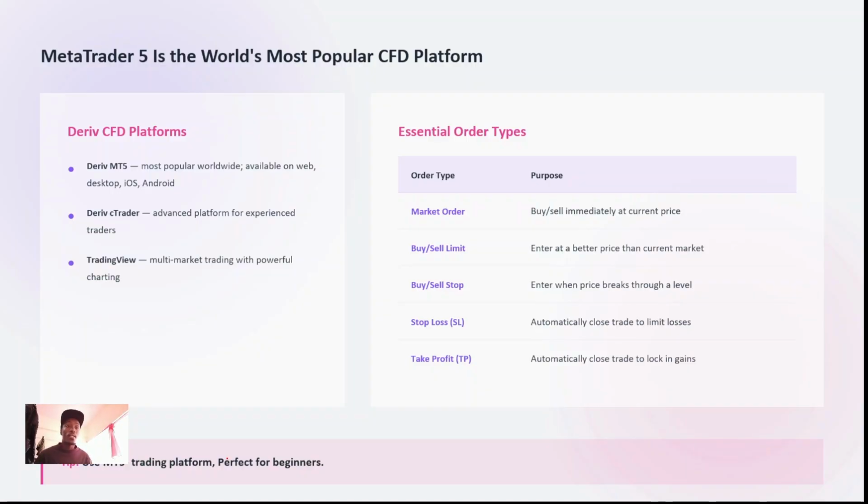So what you need to know about platforms that offer CFD trading on Deriv: one of them is Deriv MT5. You also have Deriv cTrader, and you have TradingView. You can view this market from 3 platforms.